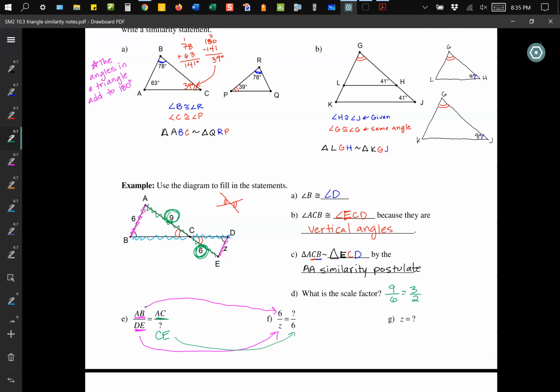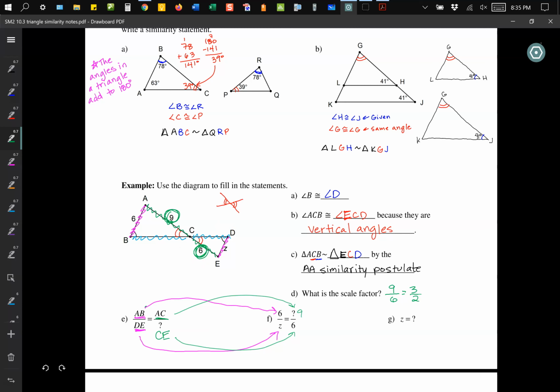So AC, the blank here, is the 9. We have 6 over Z, pink over pink, equals green over green, 9 over 6.